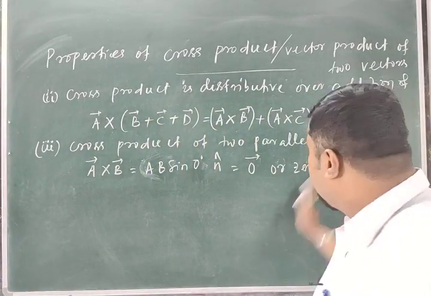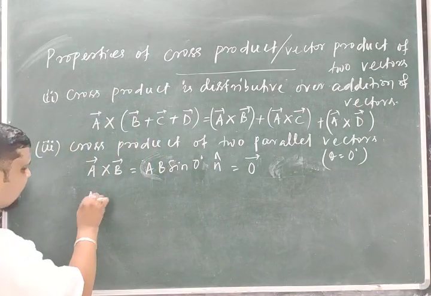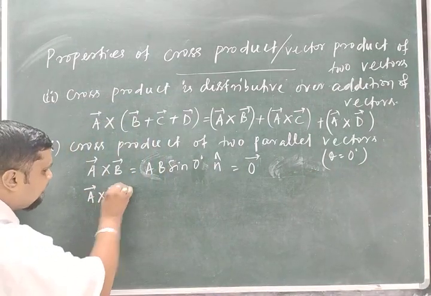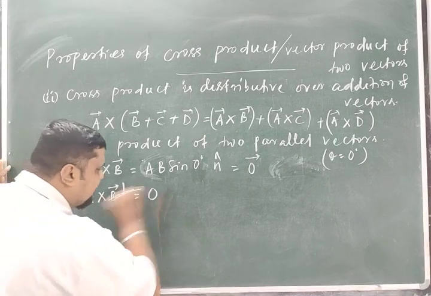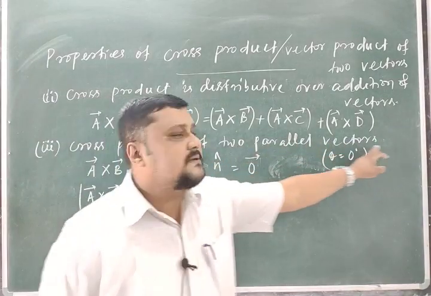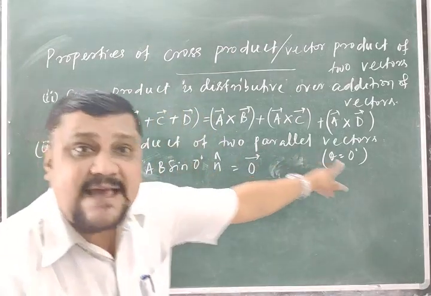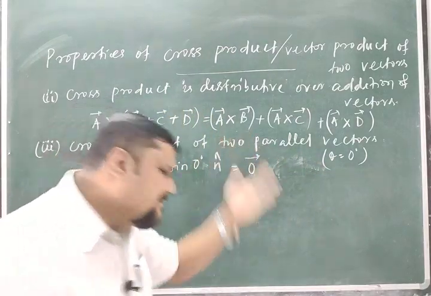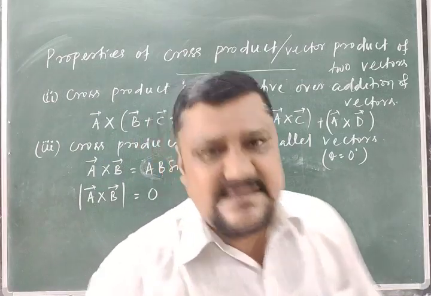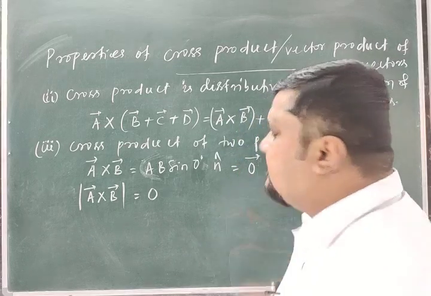So you can write A cross B mode is equal to 0. The magnitude of the cross product of two parallel vectors is 0, but the cross product of two parallel vectors is a null vector, or simply we can say a 0 also. It is not wrong.